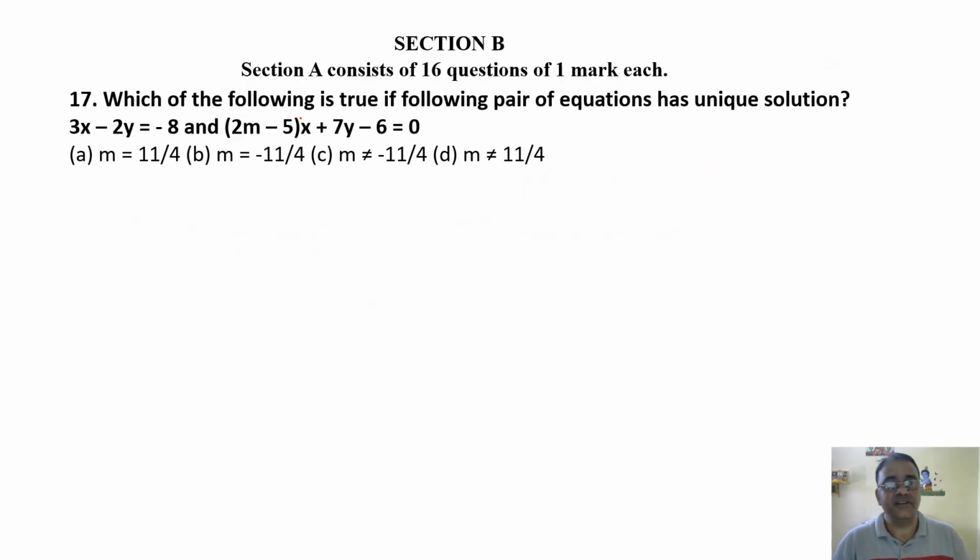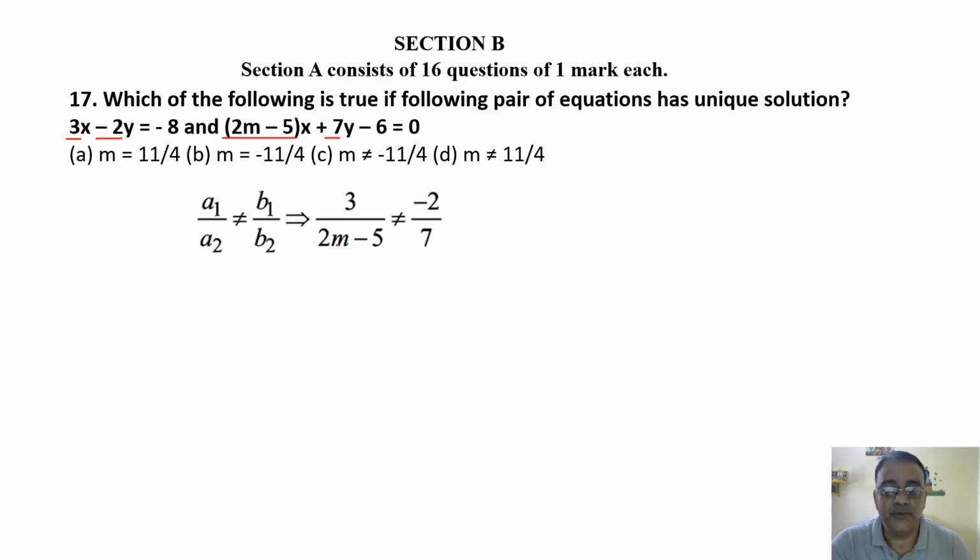First question, that is the 17th one. Which of the following is true if the following pair of equations has a unique solution? And what is the condition of unique solution? A1 upon A2 is not equal to B1 upon B2. Very good. So A1 यहाँ पे 3 है और A2 यहाँ पे 2m minus 5 है, and B1 is -2 and B2 is 7, right?